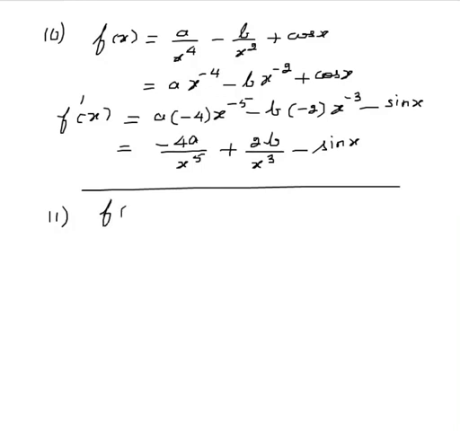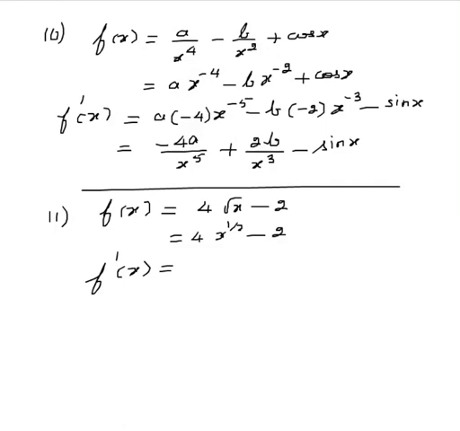Question 11. f of x is 4 root x minus 2. Let us write root x as x raised to half. To differentiate x raised to half, we can use the x power n formula.